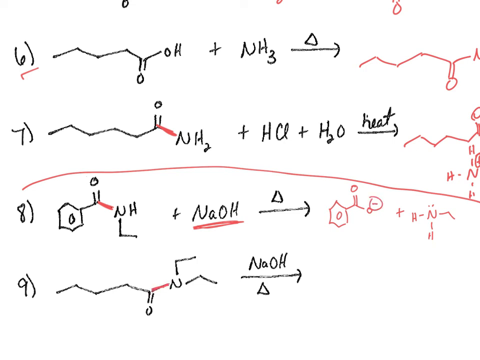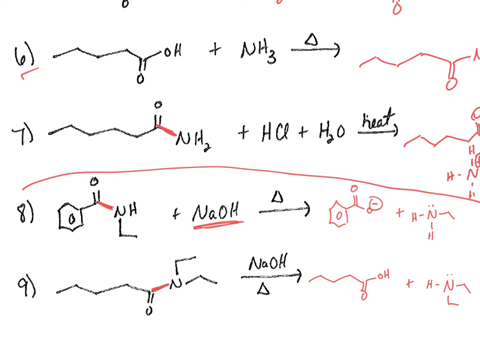And finally, this is the bond that we're going to break again. We end up with our carboxylic acid and our amine. Well, let me do that backwards because I don't want to mess you up with that. It doesn't matter to me, but if it does to you, I don't want to mess you up.